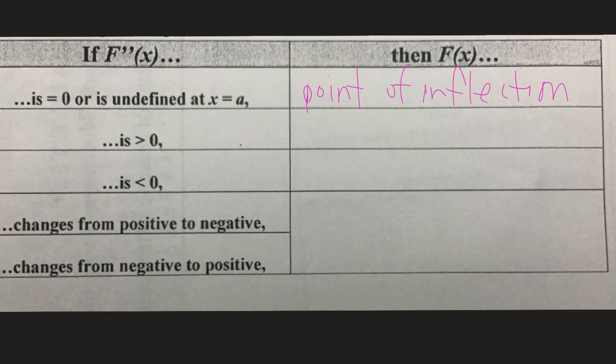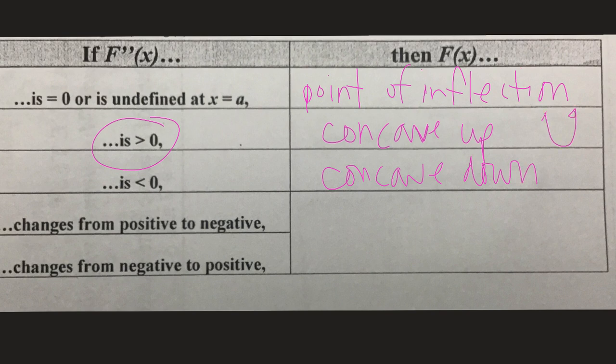If the second derivative is positive, then your graph is concave up. This is the graph of f. The graph of f is concave up if the second derivative is positive. And if it's negative, your graph of f is concave down. There's what concave up looks like, and here's concave down.